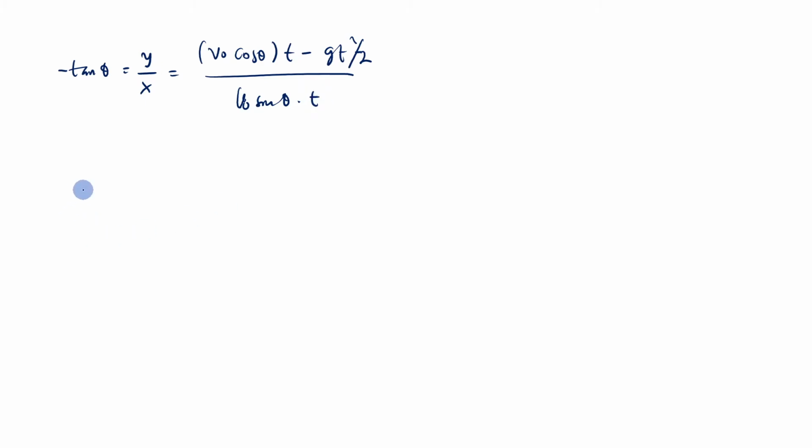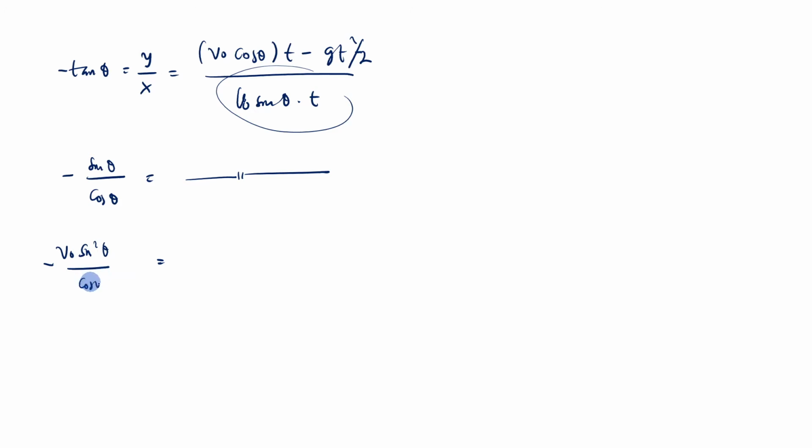So by the trigonometric identity, tan theta equals minus sine theta divided by cos theta, and this term is the same as this, so we can write like this and move this term to the left side. We get V0 minus V0 sine squared theta divided by cos theta times d.